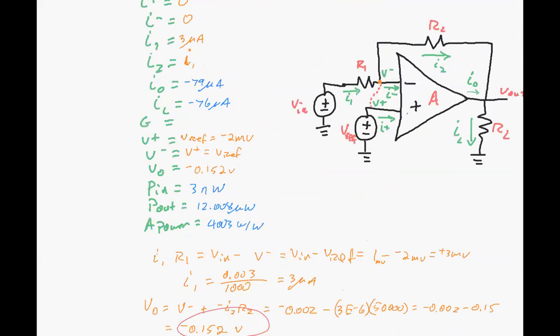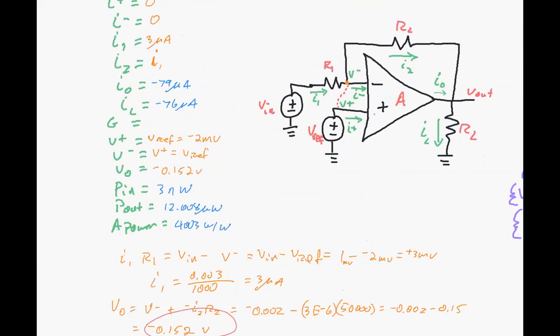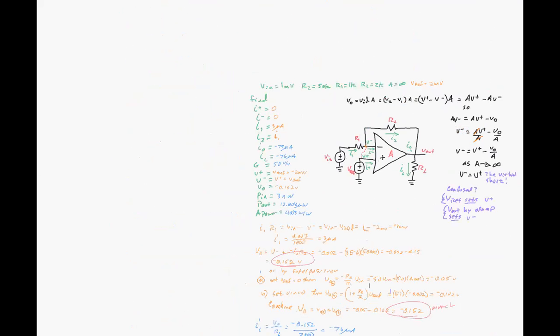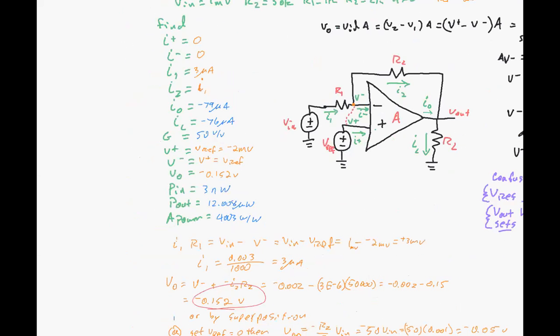And it looks like I forgot to get to the closed loop gain there. Since we have an inverting amplifier, it's just going to be minus R2 over R1, or that's 50. The reference voltage doesn't actually, no, wait, maybe I should think about that. So the reference voltage will actually change things.